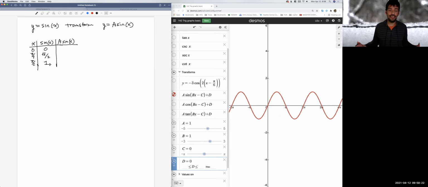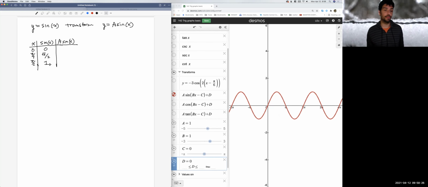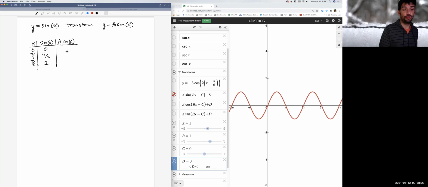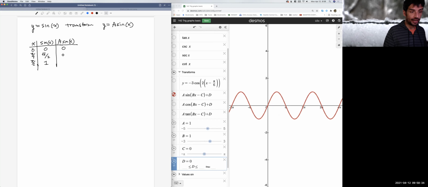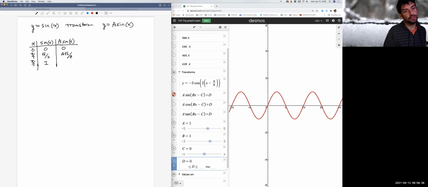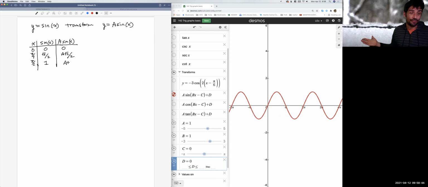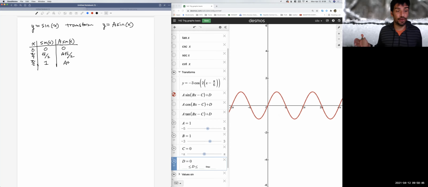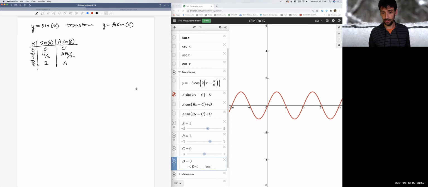When we take a sine x, all we're doing is multiplying those outputs by the number a. So the zeros don't change because it doesn't matter what a is, that's still going to be 0. When you multiply root 2 over 2 by a, you're just going to get a times root 2 over 2, and 1 becomes a. So if a is a number larger than 1, what have we done? We've made all these outputs bigger.